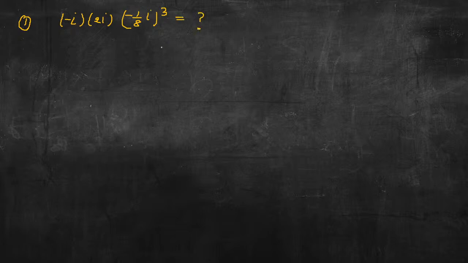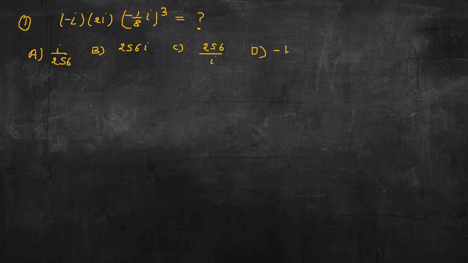What will be equal to this? Option A is iota by 256, option B is 256 iota, option C is 256 by iota, and option D is minus iota by 256. Come on.